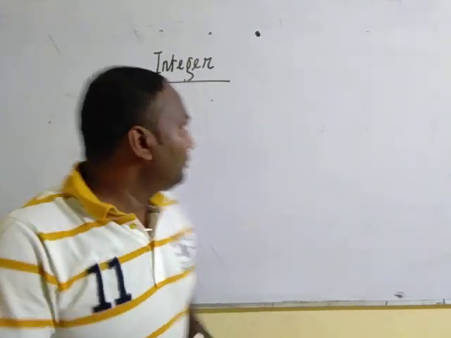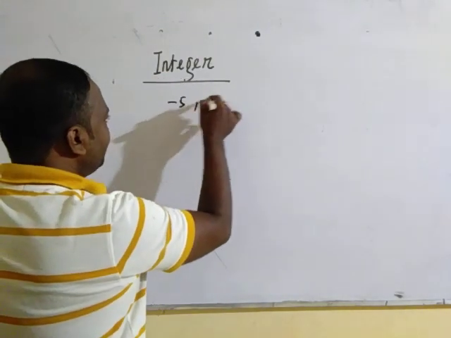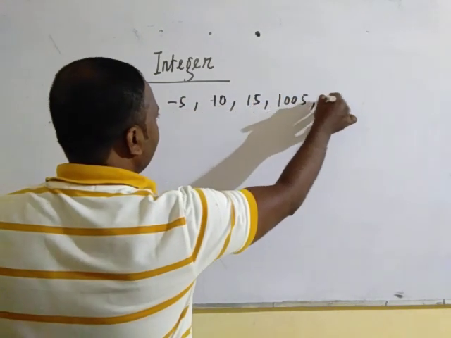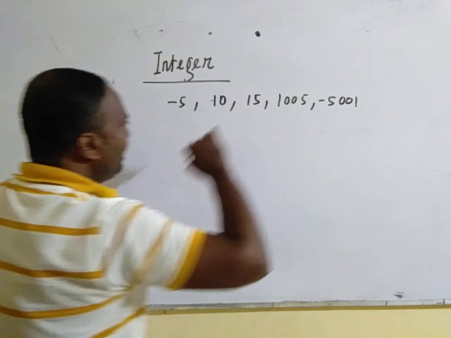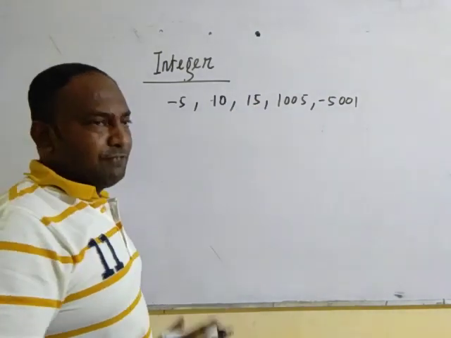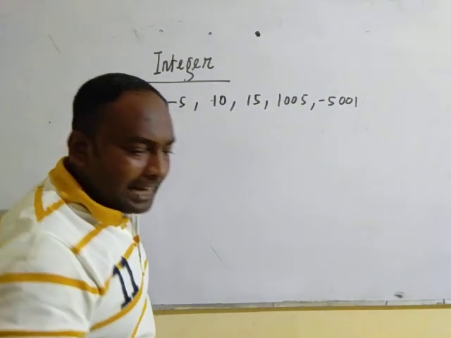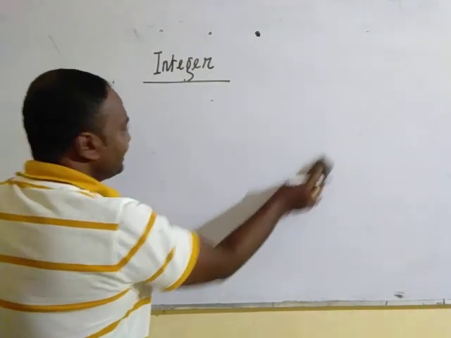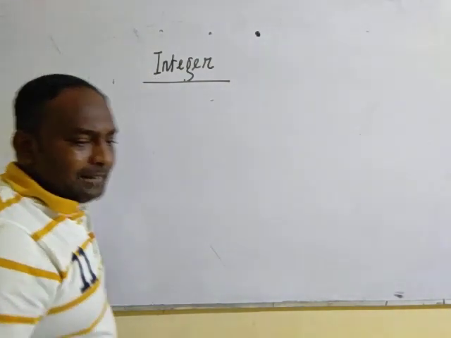We can consider minus 5 is an integer, 10 is an integer, 15 is an integer, 1005 is an integer, minus 5001 is an integer. So integers are either positive or negative, but they do not contain decimal numbers or fractional values.